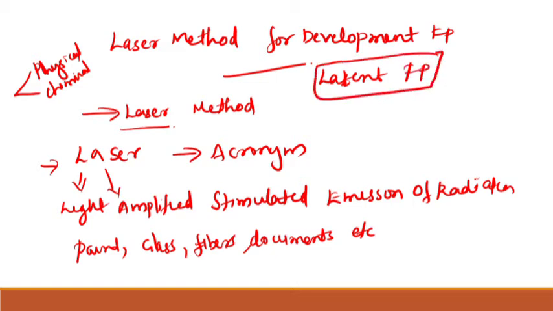So we are now going to study the development of latent fingerprints using laser methods, while in other areas of forensic science like analysis of paint, glass, fibers, documents, etc. we also use the laser method.